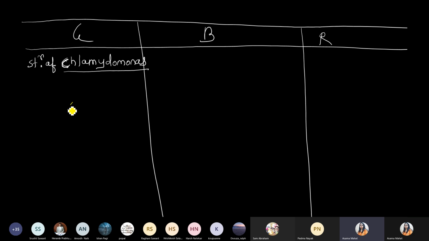Whenever we are talking about the structure of Chlamydomonas, it has a pear-shaped body. Now there is the presence of the nucleus. Below the nucleus there is the presence of chloroplast.